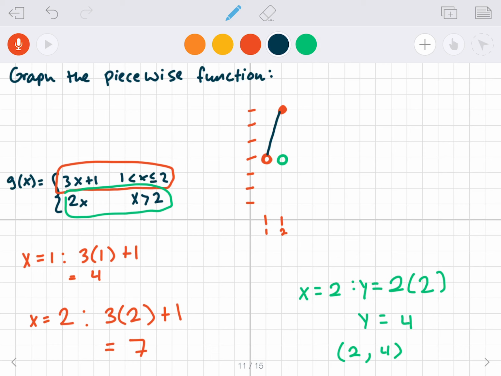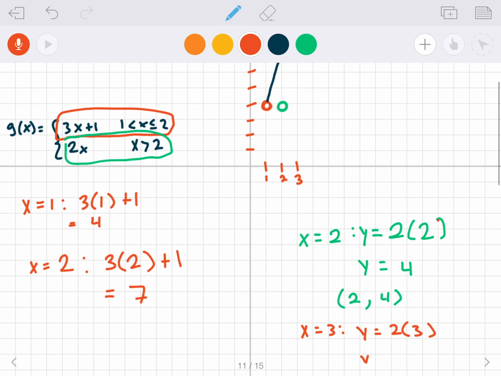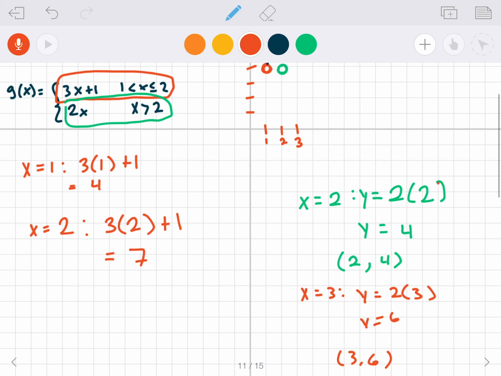So I'm just going to pick another random x value to the right of it, since x is strictly greater than 2. So I'm just going to pick 3 to plug in so that I can get another point. So when x is equal to 3, we have y is equal to 2 times 3, right? Just using our function rule. And so y is equal to 6. So our ordered pair is 3, 6.